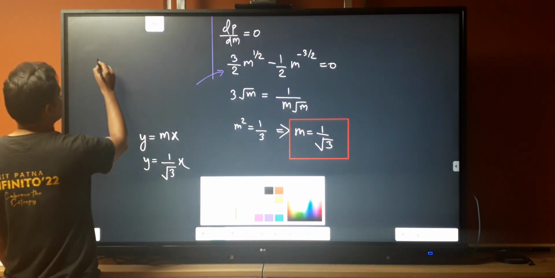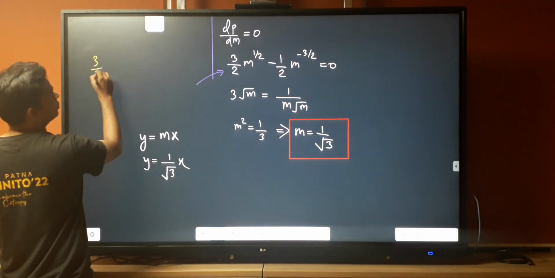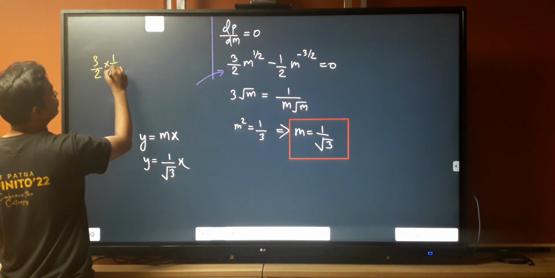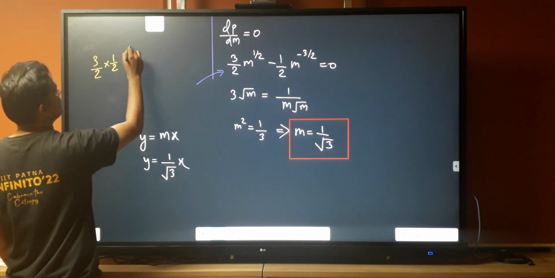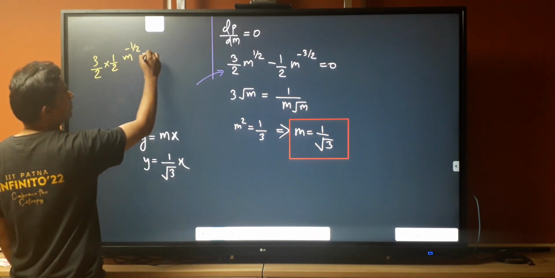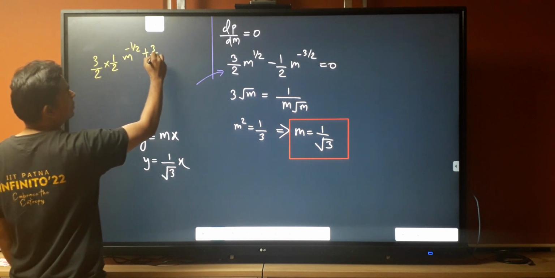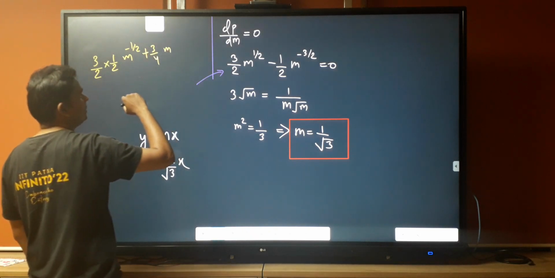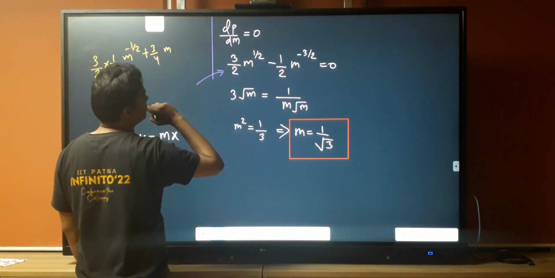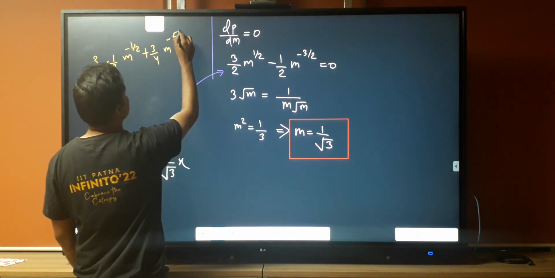So see what it will give: 3 by 2 into 1 by 2 m to the power minus 1 by 2, plus 3 by 4 m to the power minus 3 by 2 minus 1, so m to the power minus 5 by 2.